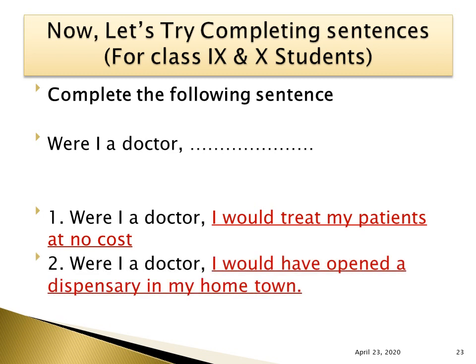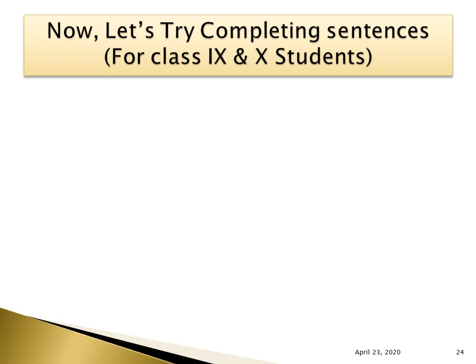Or you can write, were I a doctor, I would have opened a dispensary in my hometown. So these are two examples from my part, and you can create new sentences as many as you can and take it as fun and try to write newer and newer sentences using the correct form of verb.